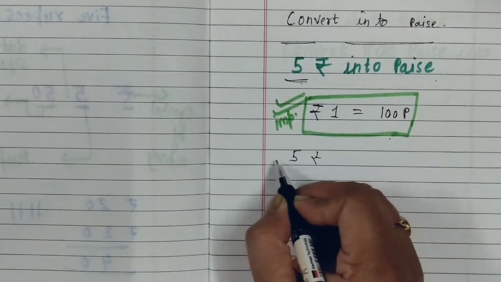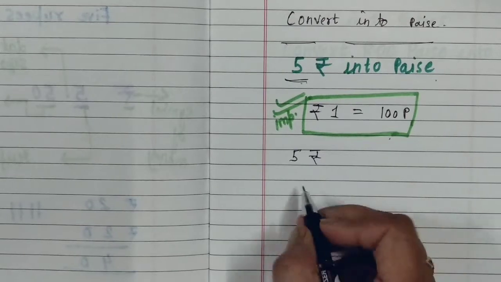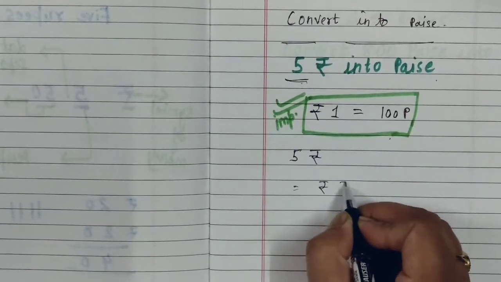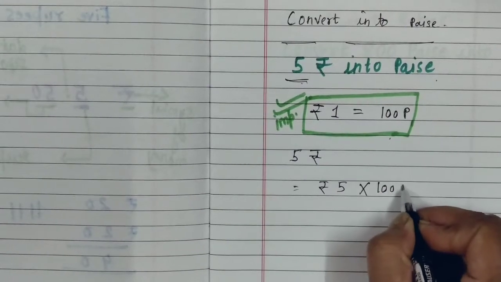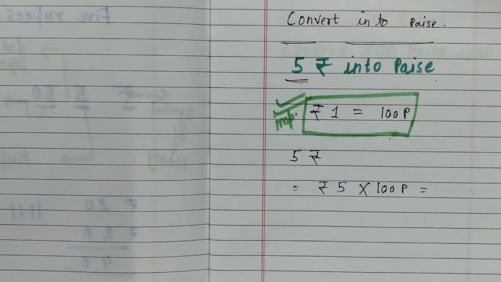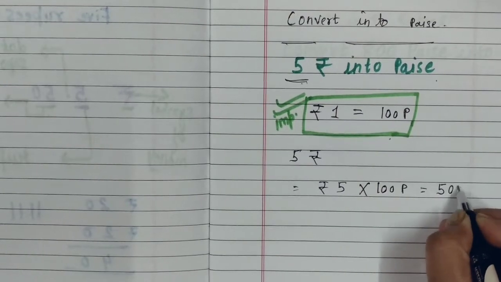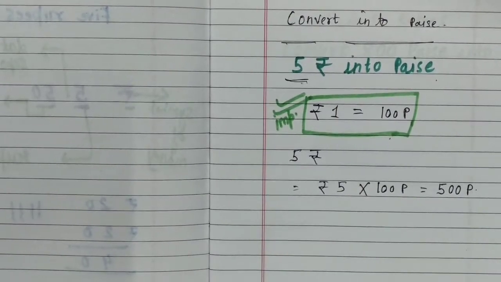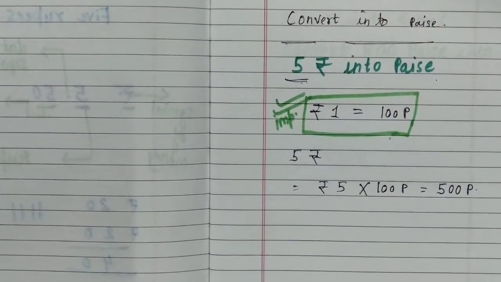When we want to convert 5 rupees, you have to multiply 5 by 100 paise. When you multiply 5 into 100 paise, it will be 500 paise.